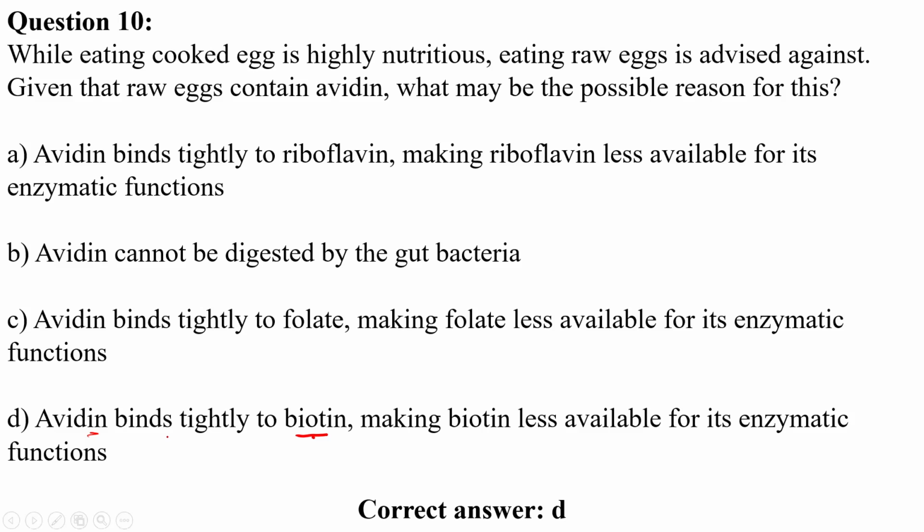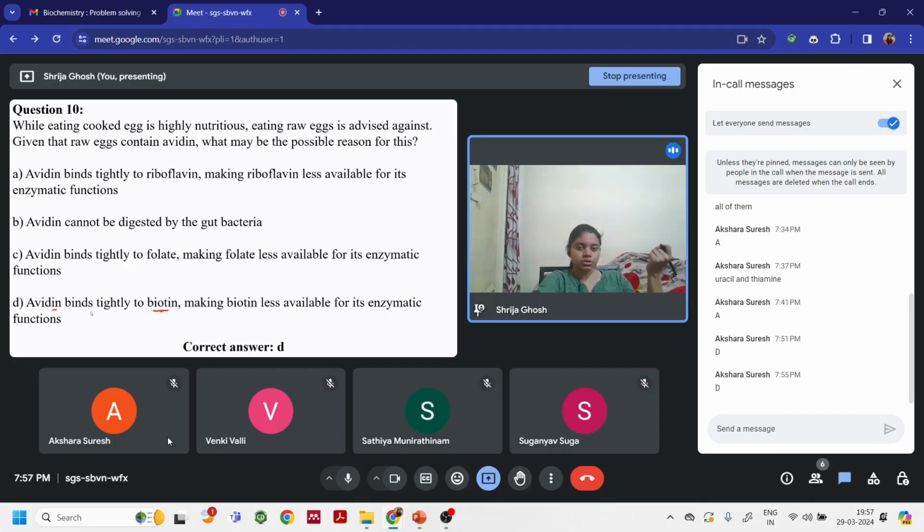The biotin will be tightly bound to the avidin and there won't be any free biotin available for the enzyme that requires biotin. For those enzymes, there won't be any free biotin available in the body, and thus those enzymes won't be able to perform their function without the biotin. So, avidin can cause biotin deficiency in the body, and that's why it is advised not to eat raw eggs.